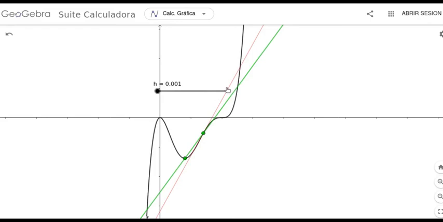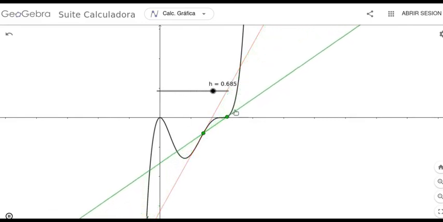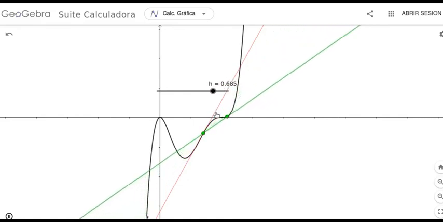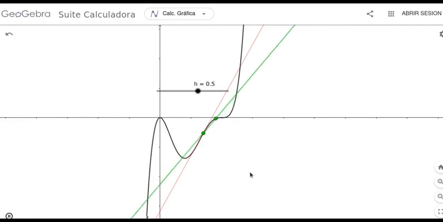Let's see what happens with the green line and the red one. We can see that when the point is close to the original one, the green line is similar to the derivative. So that is the definition of a derivative. That is why we're calculating that limit when h tends to 0.